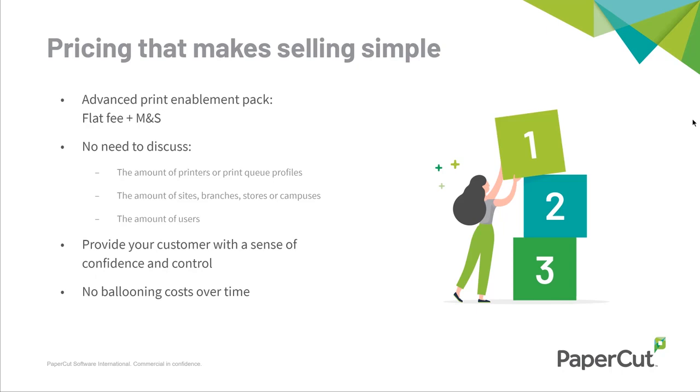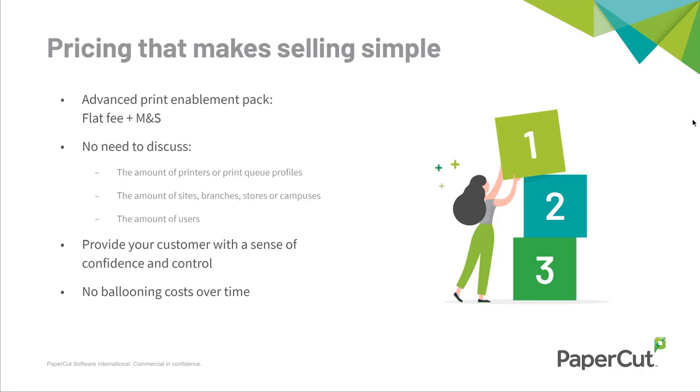All right, so when it comes to pricing, earlier this year, PaperCut went through an exercise where we simplified pricing. So taking away user-based pricing, for example, taking away site-server pricing. Now, we wanted to keep with that simple way of selling PaperCut when it came to the advanced print enablement pack.